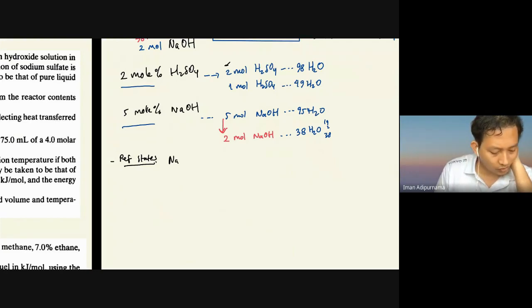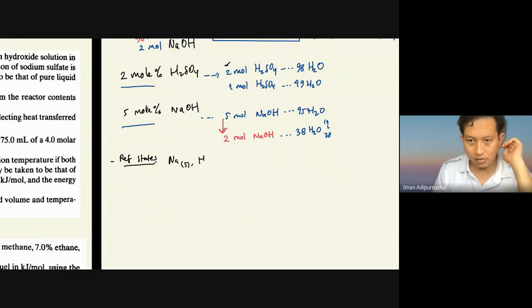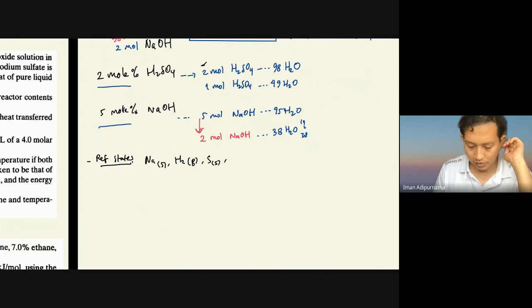And how much heat? Okay, so for all the elements, let me write all the elements that are essential in this part. All will be at 25 degrees Celsius.